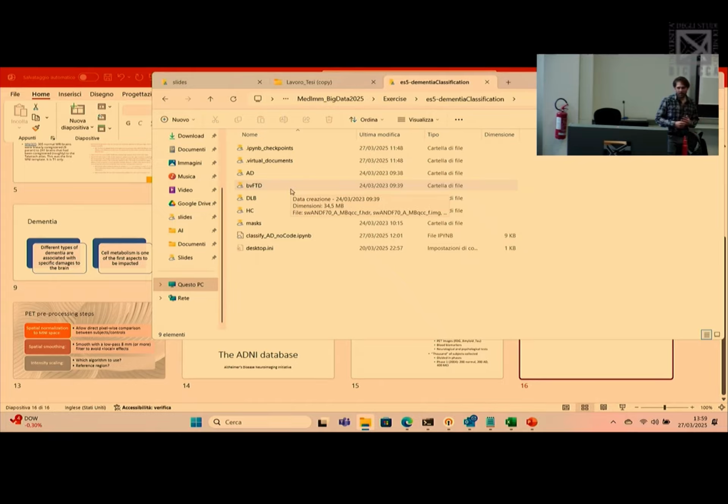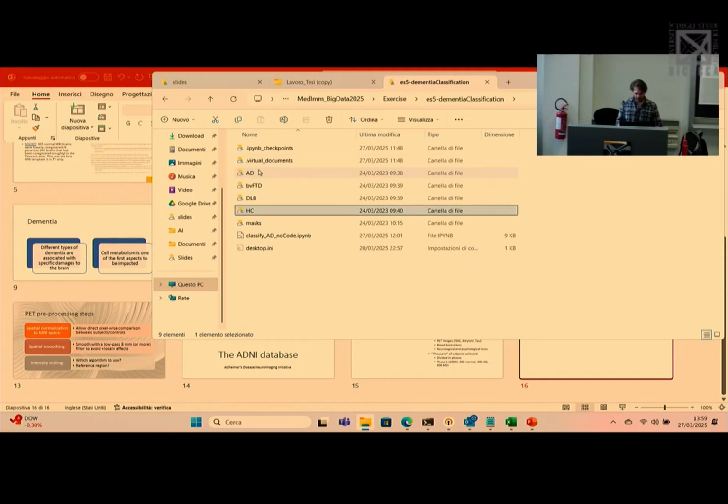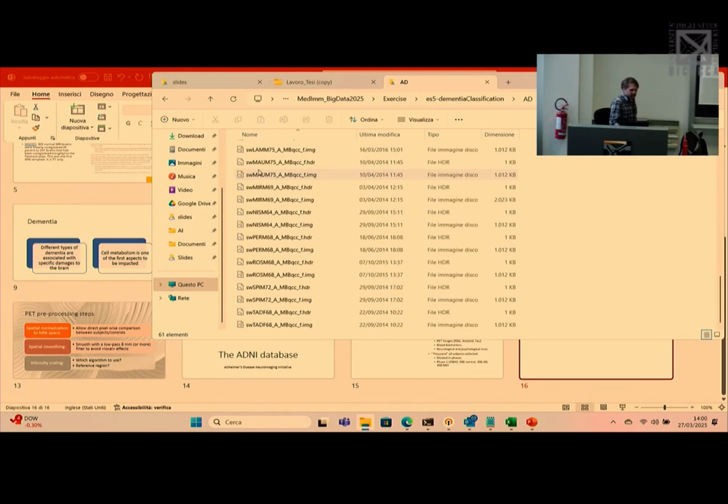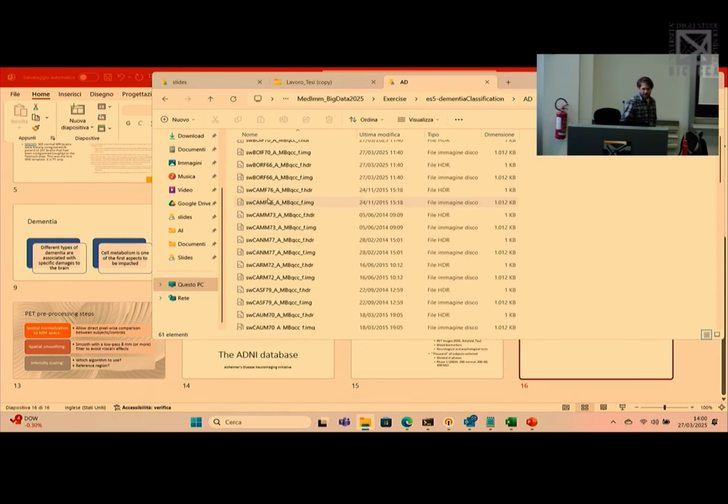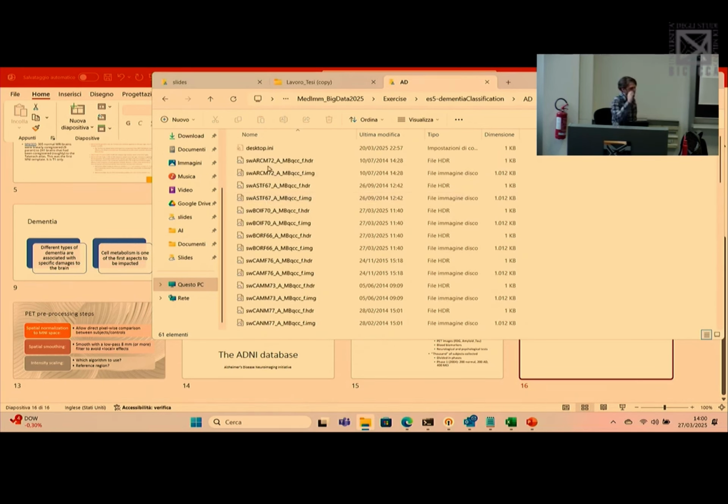So I have put this folder where I have uploaded some data. We have 4 folders of data: healthy controls, Lewy body dementia, behavioral variant frontotemporal dementia, and Alzheimer's disease. In each of these folders, we have some data saved in NIfTI format, which you can read with nibabel.